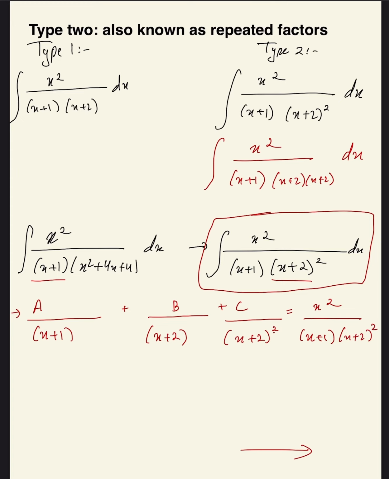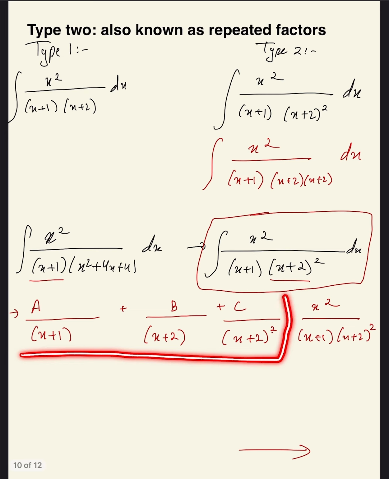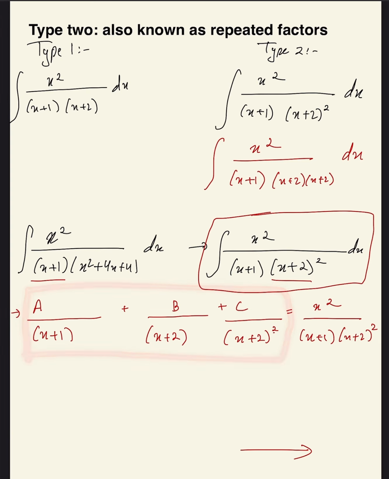Now what I want you to do is add these terms. Adding these might be a bit confusing if you do not have much practice. It's like taking the common factor and adding it, so I'll do it right here.